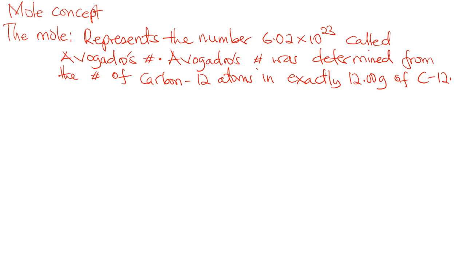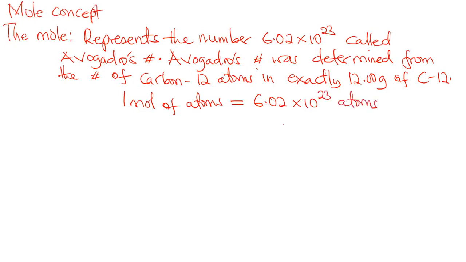So what does Avogadro's number mean? It tells us that one mole of atoms is equal to 6.02 times 10 to the power 23 atoms.